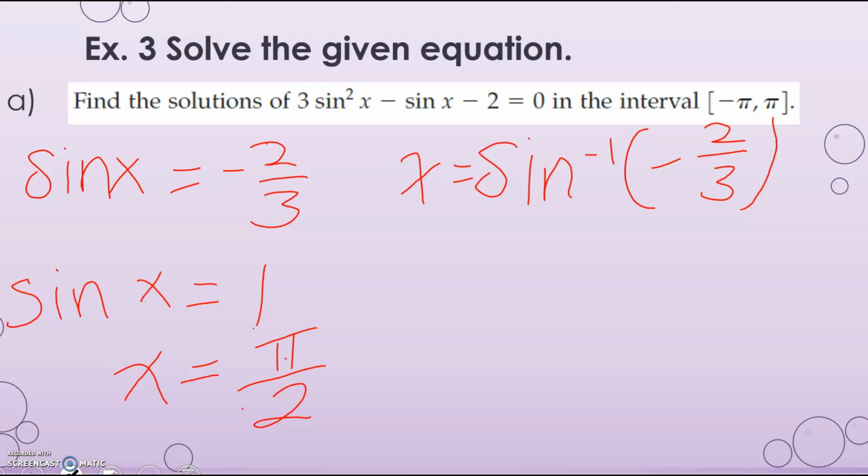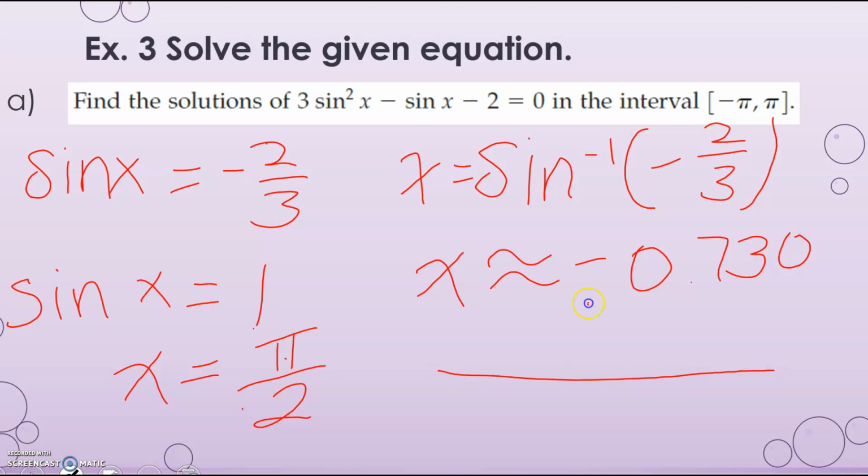Okay, so we're in radian mode, and I'm talking about the inverse sine of negative 2 divided by 3, which equals, according to my calculator, approximately negative 0.730. Now I need to double check something.